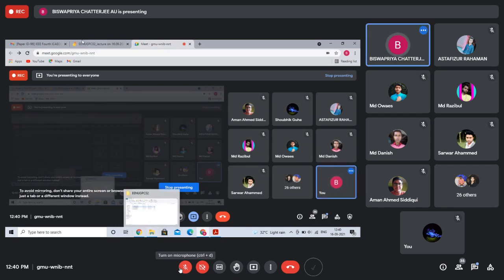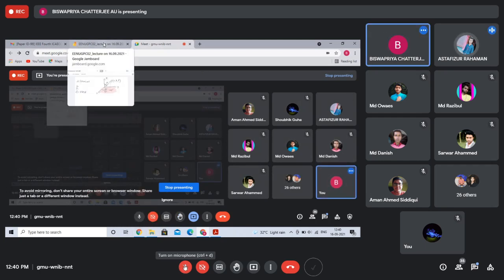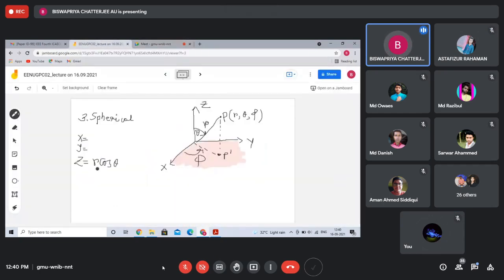Yes, sir. Okay. So z equals r cos theta. That's right. You have said it rightly. And now, can you tell me what this line equals to?